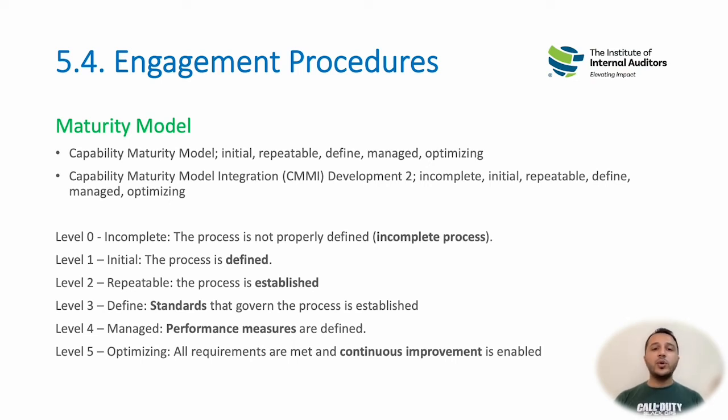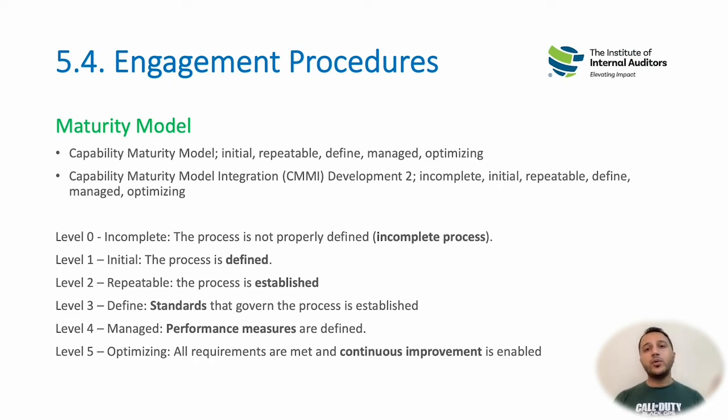Level 3 is where we set the KPIs for that process, that there shouldn't be a delay in the process, and there should be a minimum requirement that everyone has to fulfill. So when we set criteria for that process in the form of KPIs, then we call it level 3.